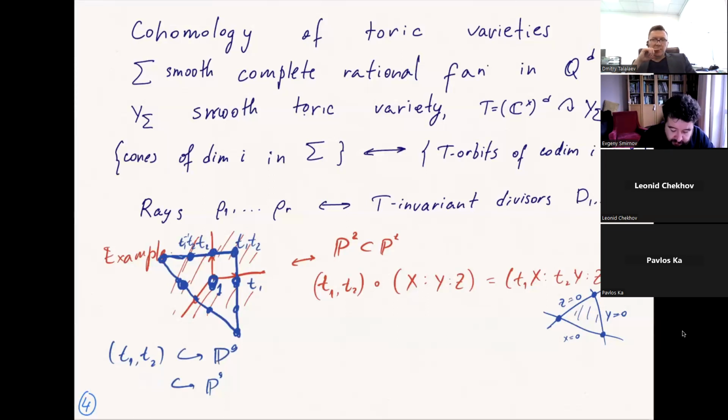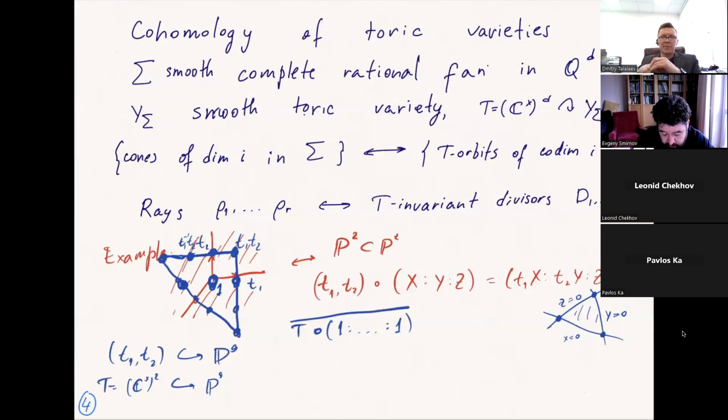So this is my torus, C star squared, embedded into P9, and if I apply T to the point with all ones, and take the algebraic closure of this orbit, then I'll get something isomorphic to P2, namely the third Veronese embedding in this case.